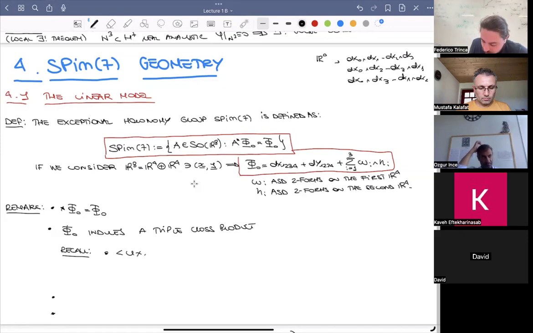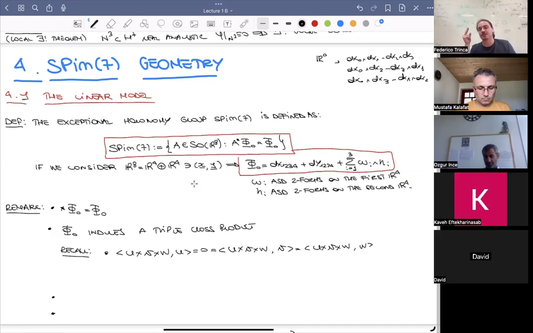So ⟨U × V × W, U⟩ is equal to 0, and this is also equal to ⟨U × V × W, V⟩ and ⟨U × V × W, W⟩. So if I give you three vectors, then I give you a fourth one, which is orthogonal to the span of the first three.